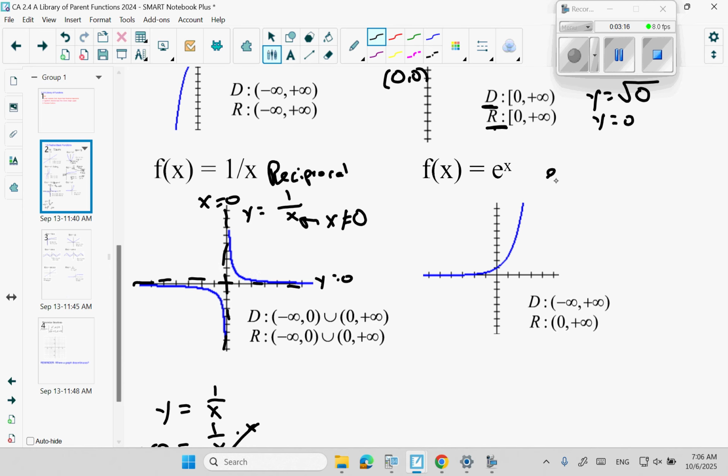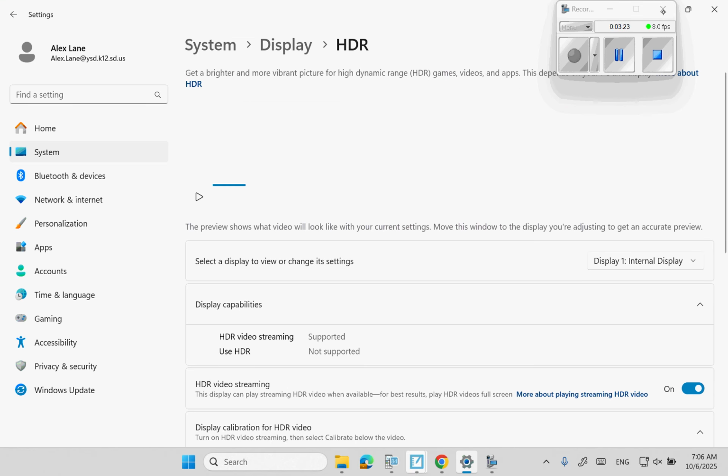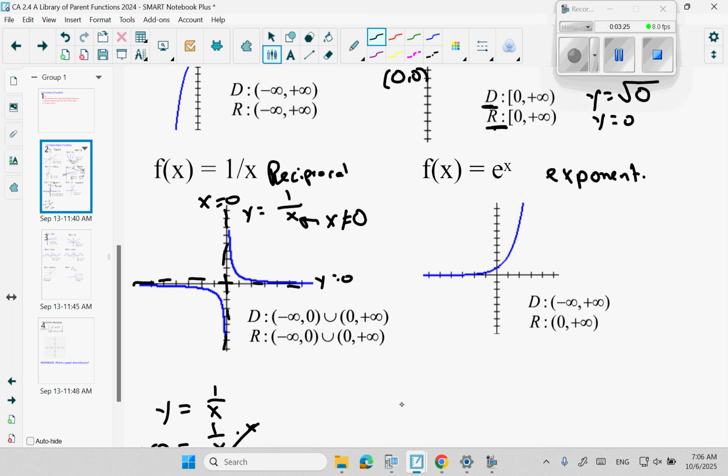And then, of course, we get our exponential function, where we get a y asymptote at 0, so my range is 0 to infinity. The reason is because e is just some number, and no matter what exponent I have, I will never get to 0.